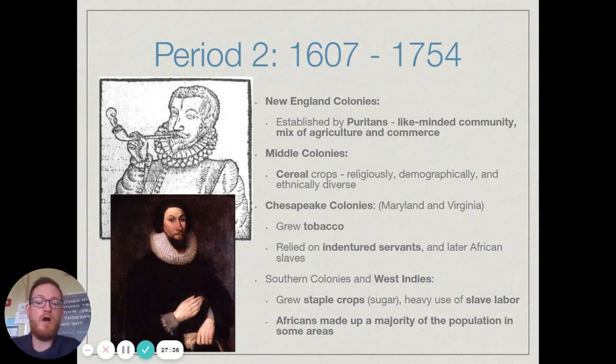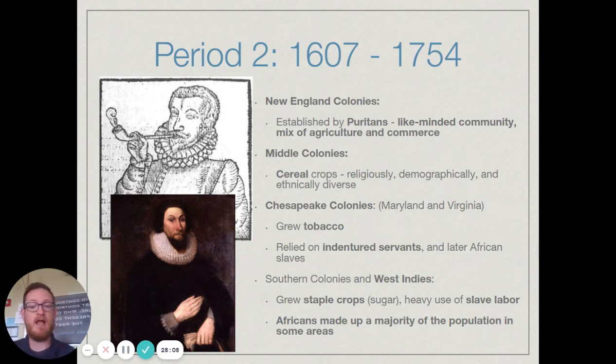Now, one thing that you are going to see with the Chesapeake colonies, as far as the slaves, is that because tobacco, while it is very labor intensive, didn't involve some of the climate issues that you would deal with in places in the lower South, the slaves within the Chesapeake colonies are going to be able to create their own societies. You're going to see a lot more families of slaves in the Chesapeake colonies than you will see farther south.